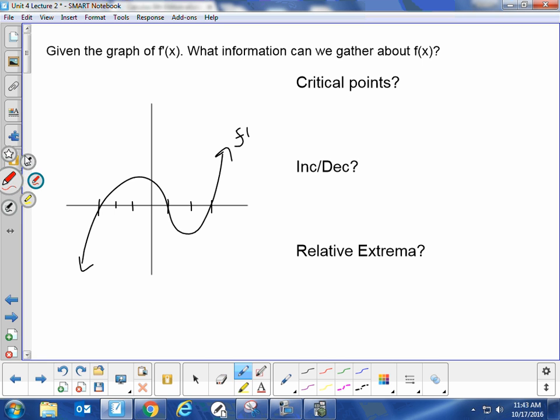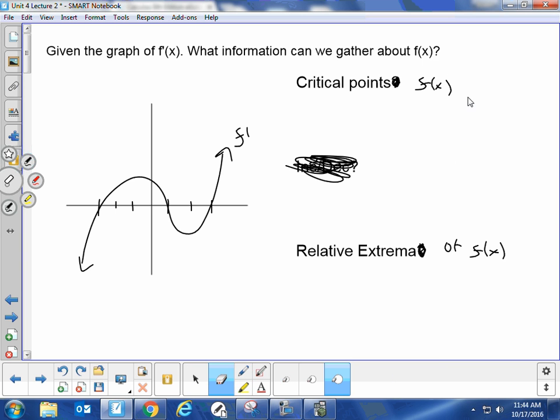So, from looking at this graph of f prime, you should be able to tell me the critical points of f. And you should be able to tell me where f has relative extrema. Start by finding the critical points. Discuss what you think your answers are with a neighbor. Go.